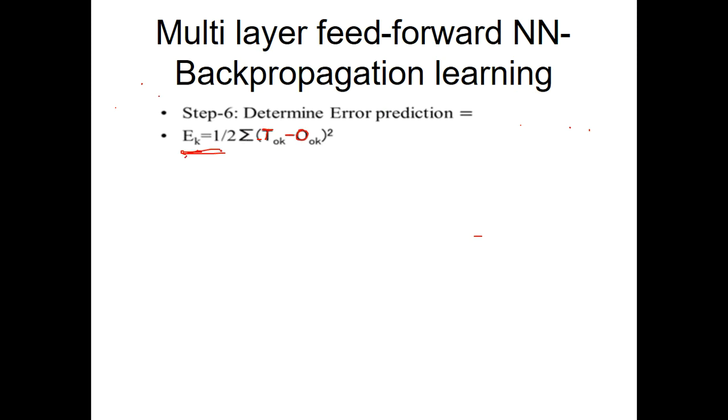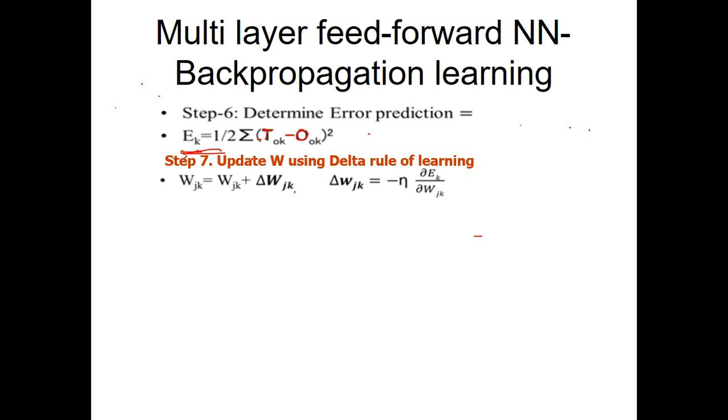So this is the error. Now we have to update the weights using these error terms. So update W using the delta rule of learning. The change in the weight will come from here.